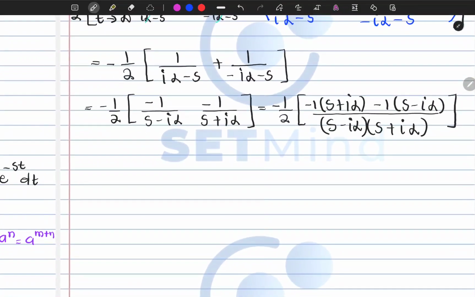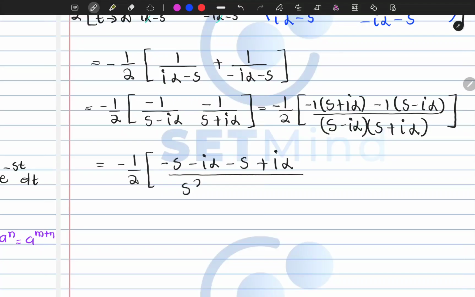So if we look at what happens here, on the numerator, you will end up having negative s, negative i alpha, negative s plus i alpha. And then on the denominator, if you look carefully, you will end up having s squared plus alpha squared when you do the foiling there.